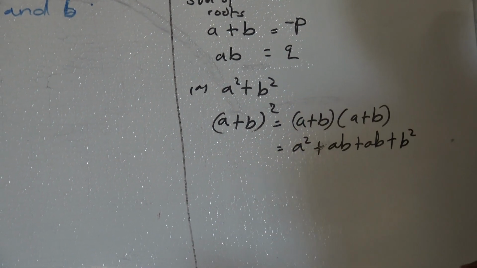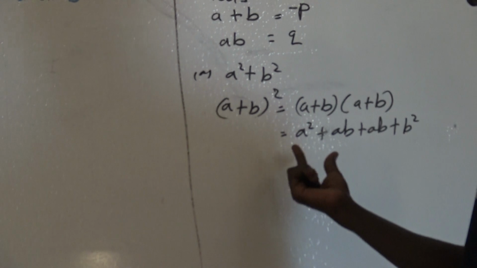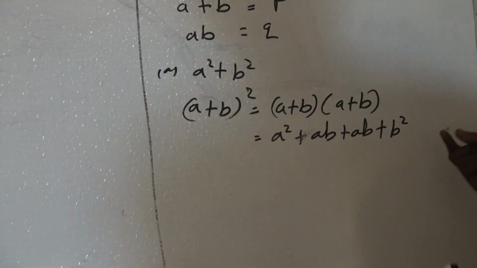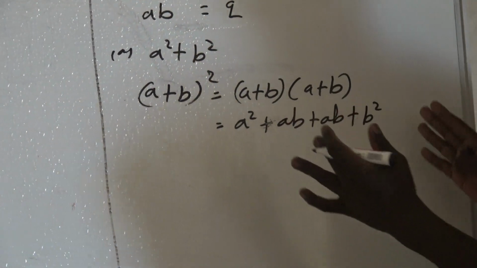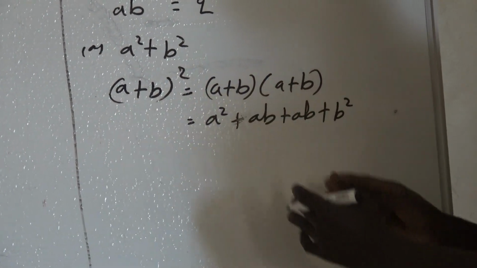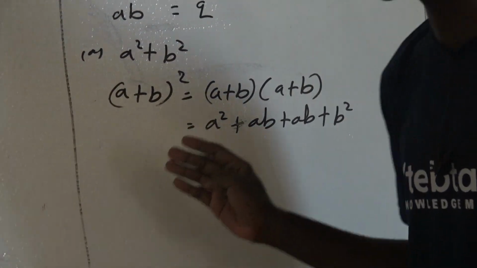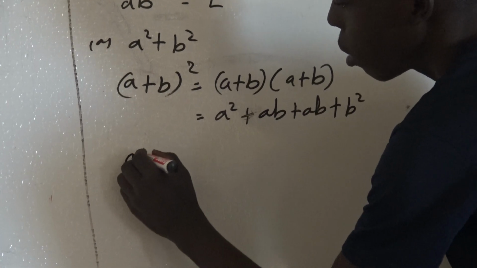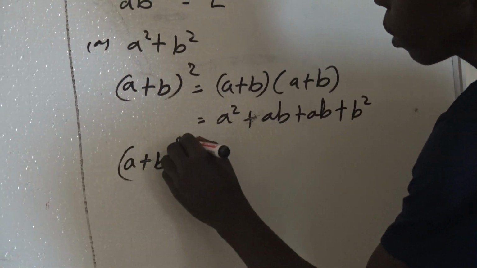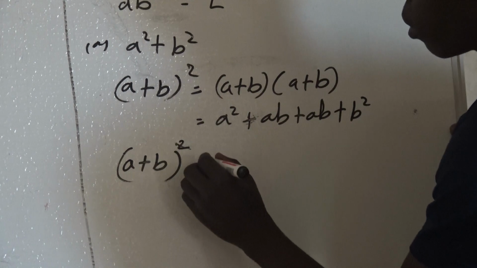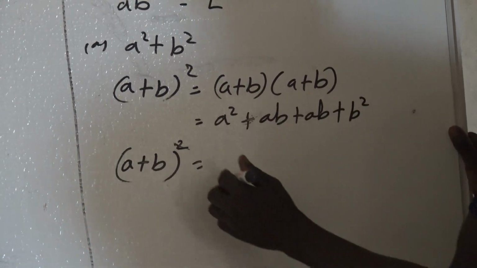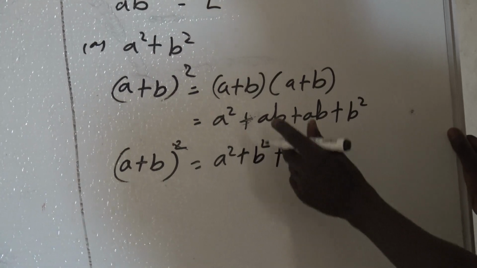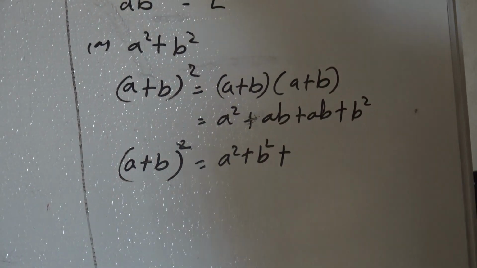So this is what we are saying, that we have to get the component of what is being given. So what we do, we collect now those ones with square, we bring them together, and those ones without a square also together. So for this case, what we are finding is a plus b squared, which will give us a squared plus b squared, then plus these ones, the two are common and they are the same.